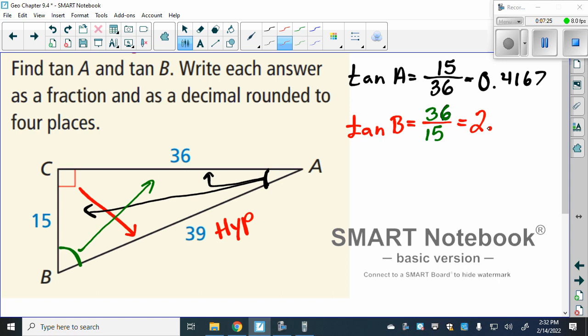If we plug this into a calculator, 36 divided by 15, we're going to get 2.0000 if we're going to 4 decimal places. And that's it. Any questions on this?